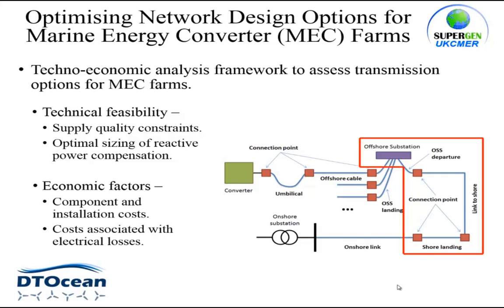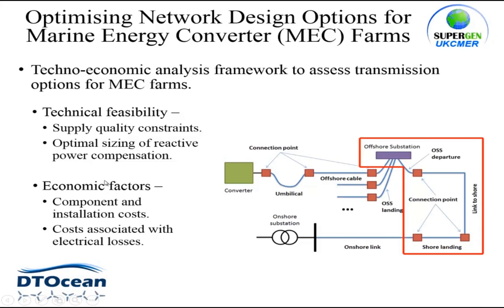Within the technical part, we're looking at supply quality constraints like voltage constraints. Also, within the offshore substation, we're looking at the optimal sizing of reactive power compensation. Basically, you don't want reactive power, you want real power fed down the cable. So we've done that.